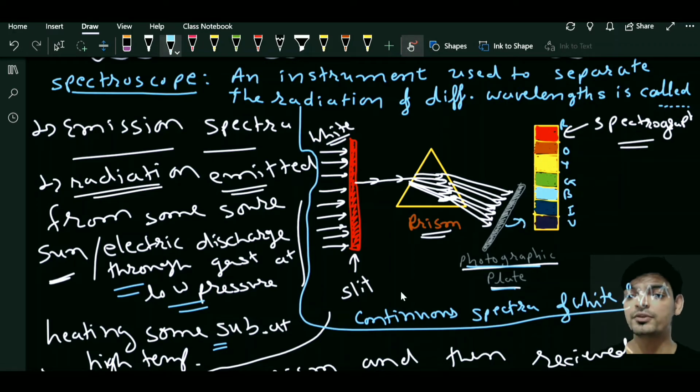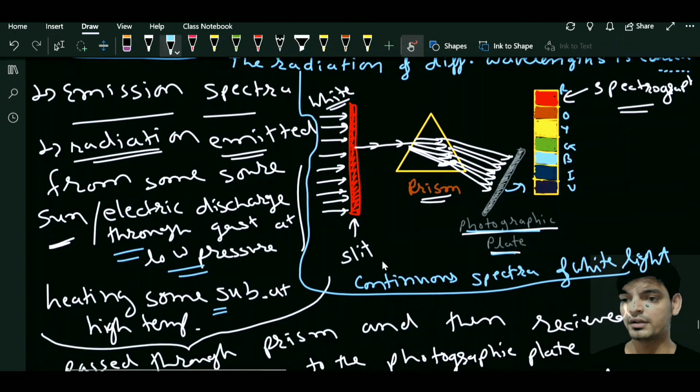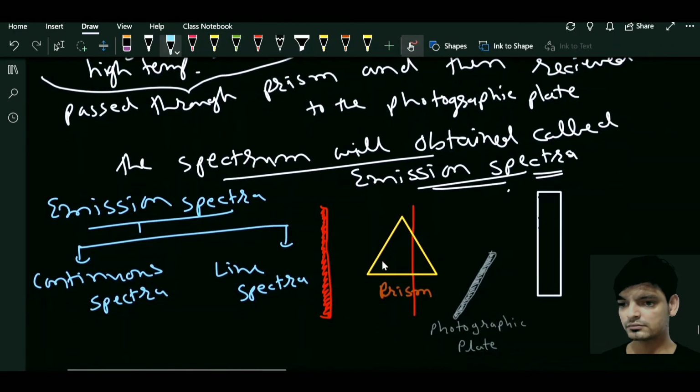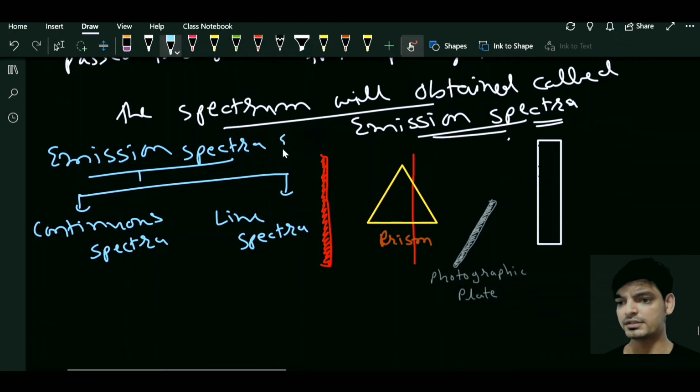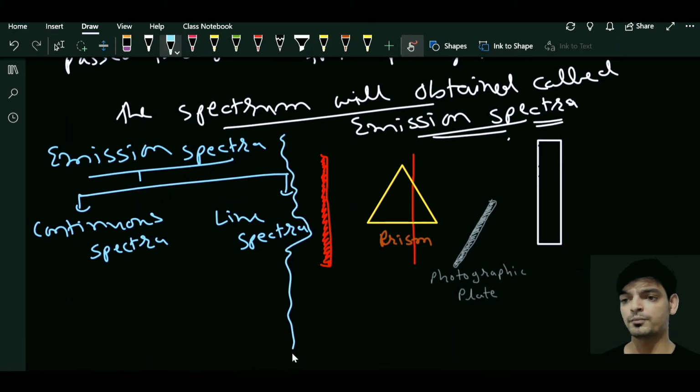And now let me explain a line spectra. Here is another figure you can see, and now suppose we are passing electromagnetic radiation from any kind of source. Any kind of source means what?